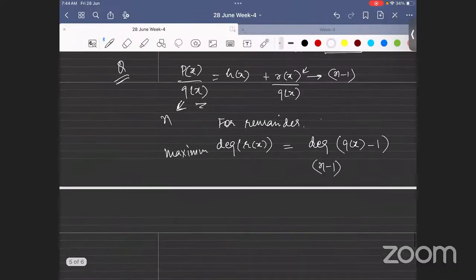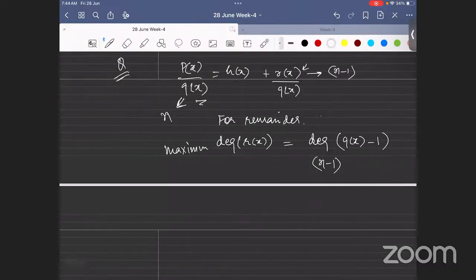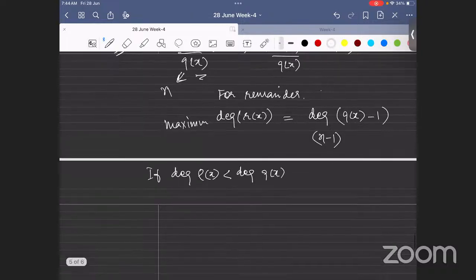So for the same case, I'm just giving you some options. The given is if the degree for this px is less than the degree for qx, then you have to choose the correct option.